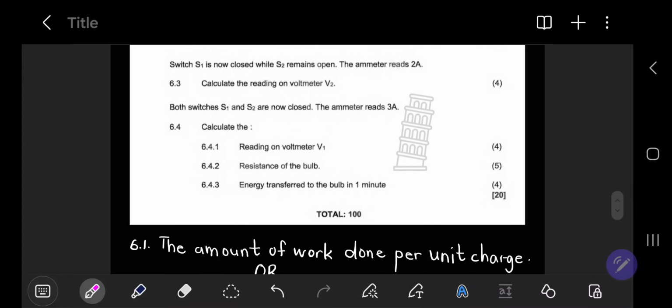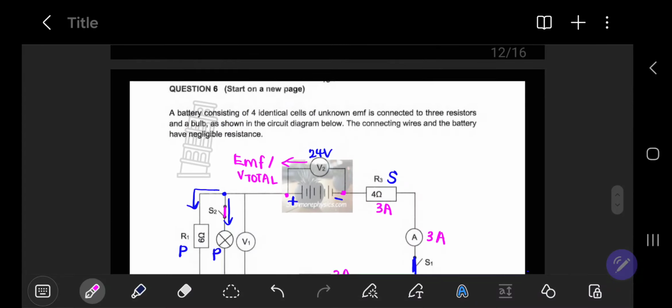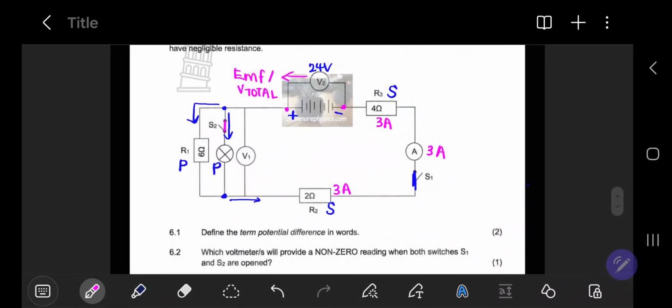So 6.4.1 says they want the reading on V1. Now it's important to understand that V1 is measuring the voltage for the parallel circuit. And what we know is that V total is equal to V series plus V parallel. So what we can do is start off by getting the voltages on the series circuit, on the series resistors.